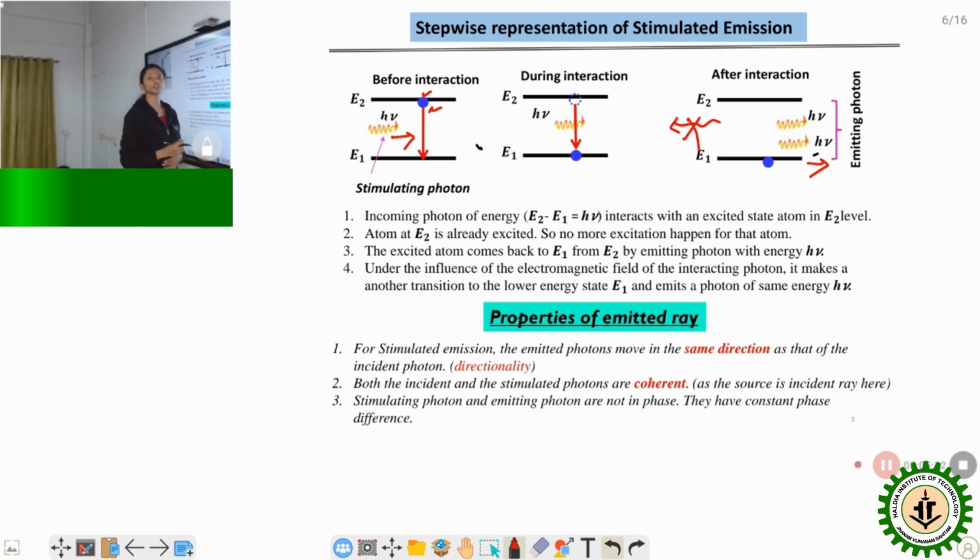No photon will come in any other direction; they will only follow this direction. That is called highly directional. And these two photons will be coherent. That means they have a constant phase difference. It is not that they have the same phase; they have a constant phase difference.